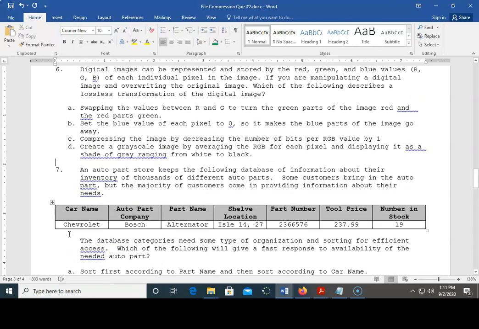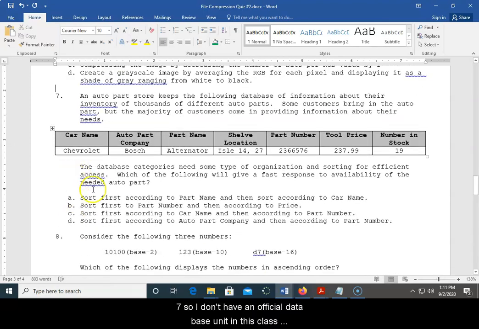Let's see here. 7. So I don't have an official database unit in this class, but I do go through databases and how you should think about databases. So let's talk about this. An auto parts store keeps the following database of information about their inventory of thousands of different auto parts. Some customers bring in the auto part, but the majority of customers come in providing information about their needs.